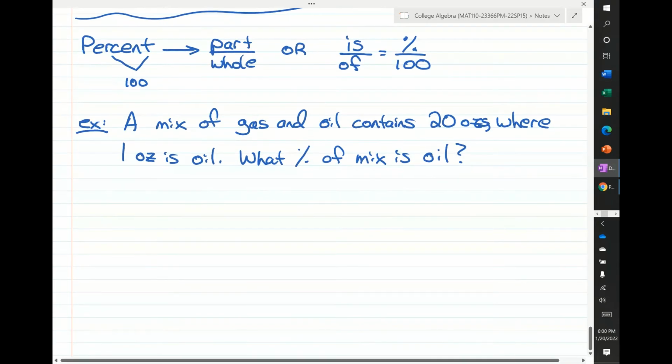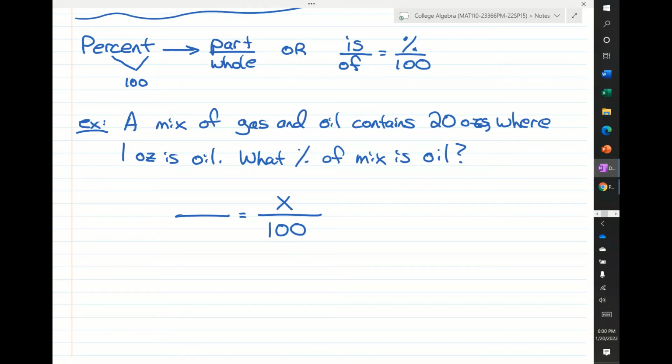The way that we could set this up is just to make this proportion. I'm asking you what percent of the mix is oil? So we're going to solve for percent here. I'll put an X over there. The trick is we have to be able to put things in the right place, right? So we have 20 ounces and 1 ounce.